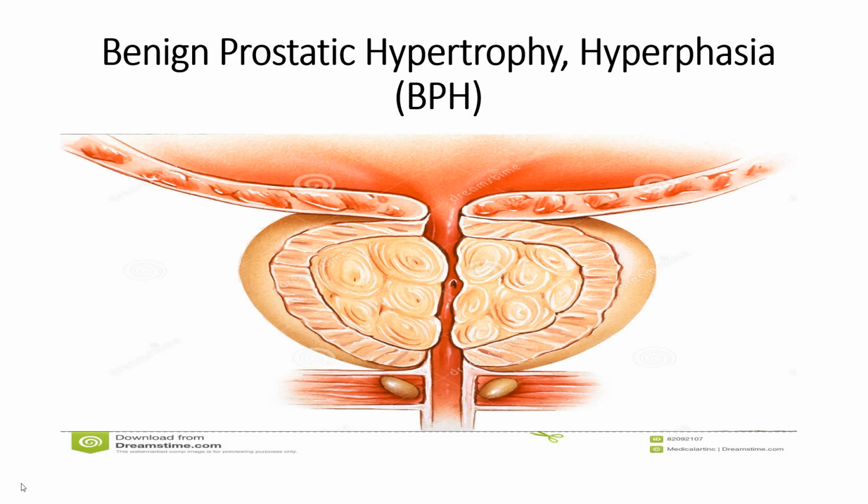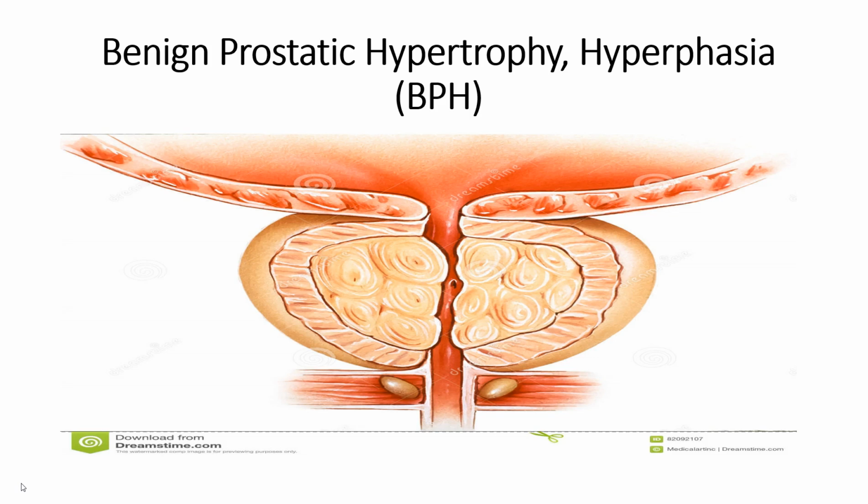Okay, and as you see on the picture, as it grows, it begins to compress the urethra, and the urine starts backing up in the bladder. And then, if it compresses it so much, it's going to totally obstruct the urine. You're going to have a urinary obstruction, okay? So that outflow of urine is not happening.